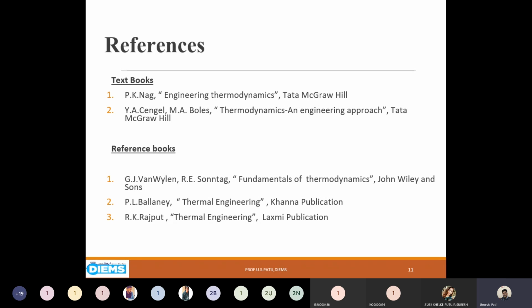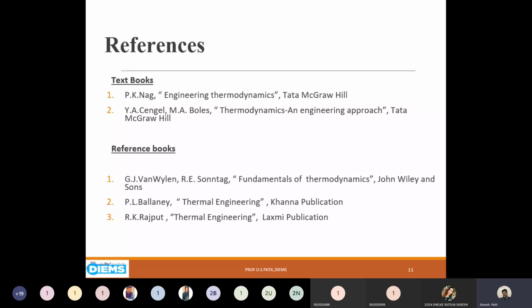For learning, understanding, and applying the concepts and knowledge of thermodynamics, the important references are given on this slide. You will get these references in the syllabus. The textbook, PK Nag Engineering Thermodynamics ebook, is already shared in the file tab.